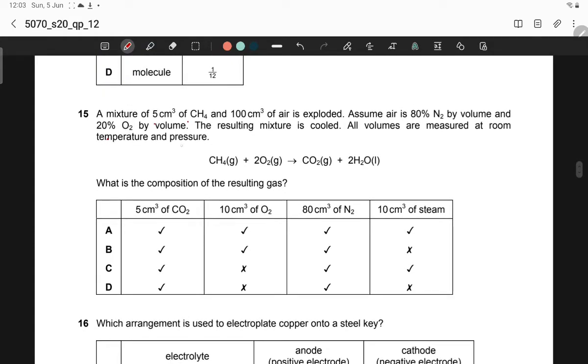Question number 15. A mixture of 5 cm³ of CH4 and 100 cm³ of air is exploded. Assume air is 80% nitrogen by volume and 20% oxygen by volume. The resulting mixture is cooled. All volumes are measured at room temperature and pressure. For CH4, we know that mole is directly proportional to volume of gas.